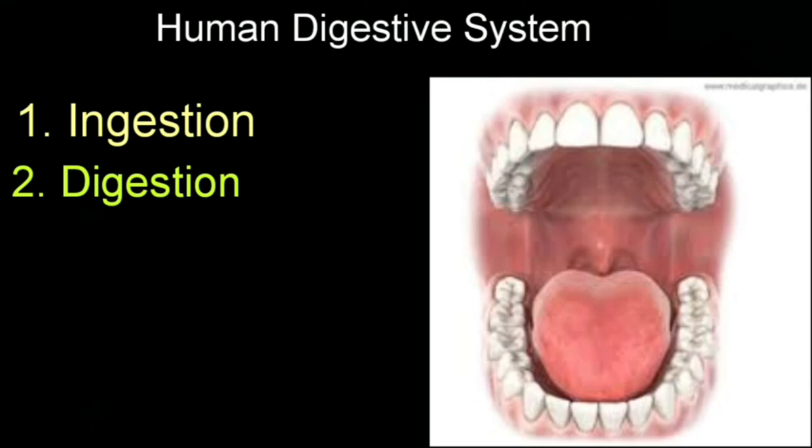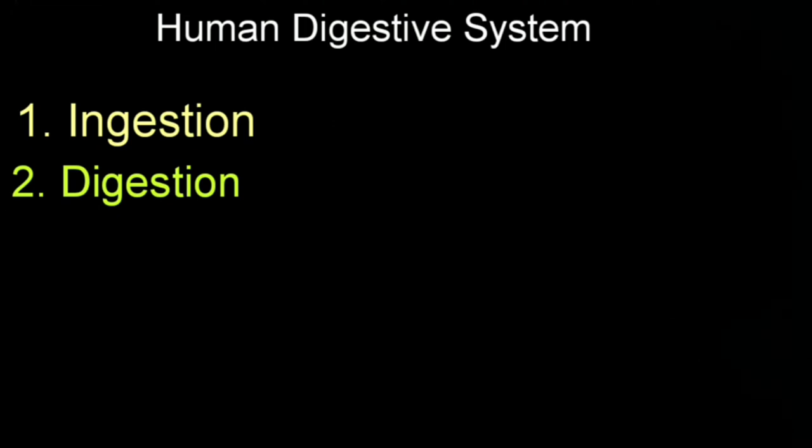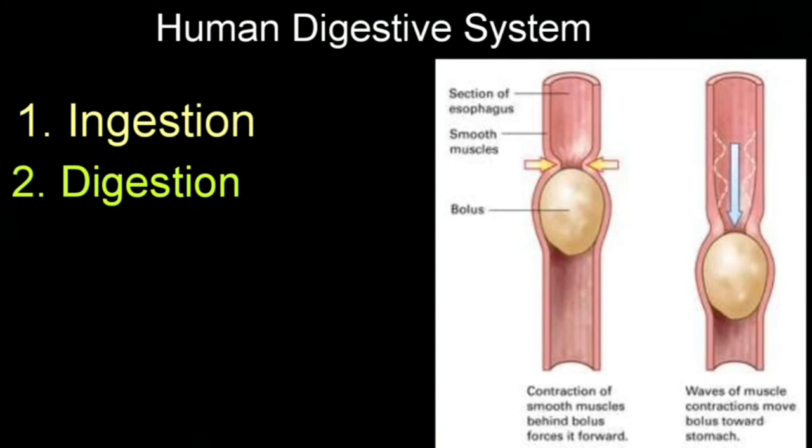After this food goes into esophagus, that is food pipe, and is pushed down by the help of muscles which are present on the walls of esophagus by contraction and expansion of muscles. This contraction and expansion of muscle is called peristaltic movement.